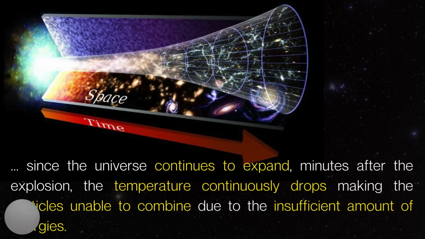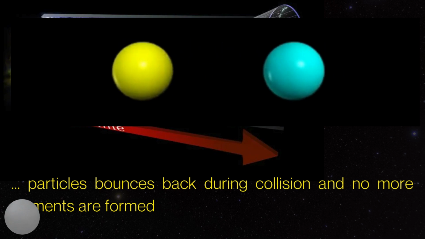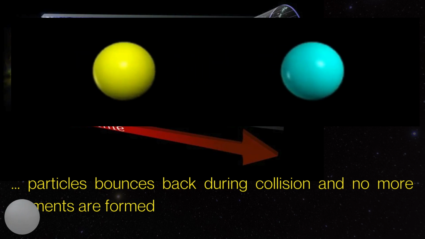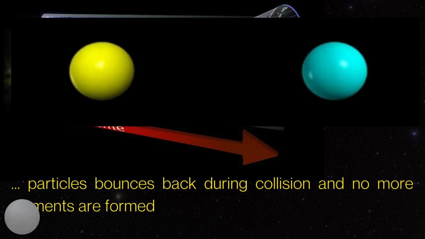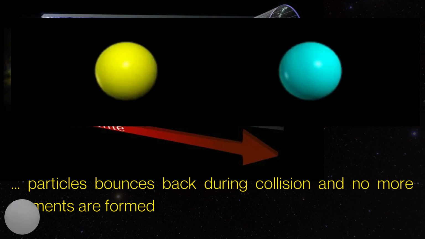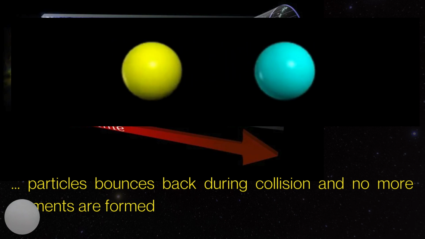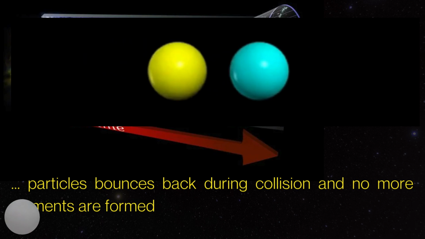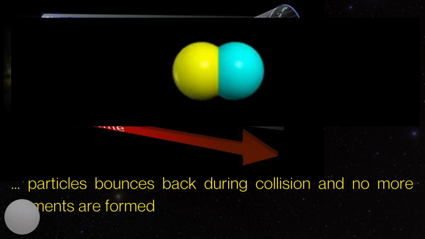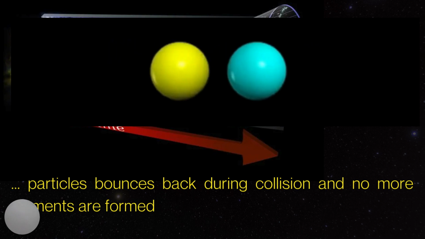So dili siya igo para mag-make into another elements. Okay? So what happened is that, once nga mag-combine ang particles sa space, mo bounce back siya as what you can see there. Mo bounce back siya. So that means wala na siya elements nga ma-form. So that's why four ra jud ka elements ang naa sa universe: hydrogen, helium, lithium ug beryllium.